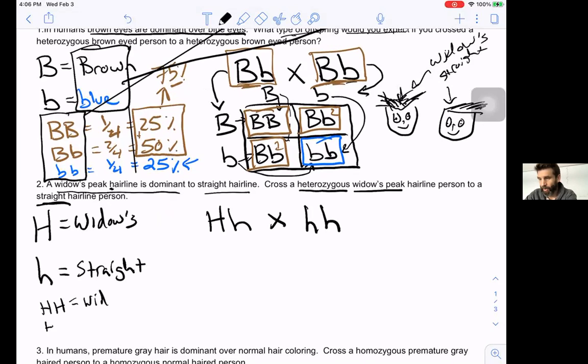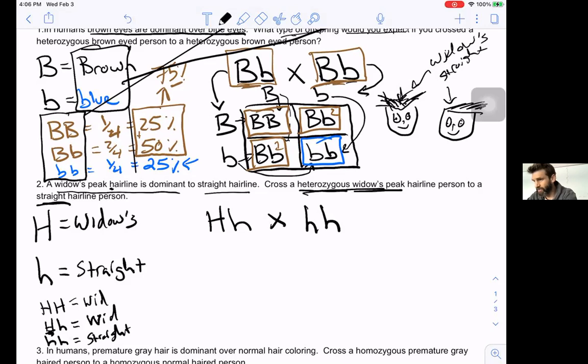We know that it only takes one copy, so the heterozygous would be widow's as well. And the homozygous recessive is the only one that would be straight. This is because in heterozygous, it only takes one copy of the dominant gene to give that trait.